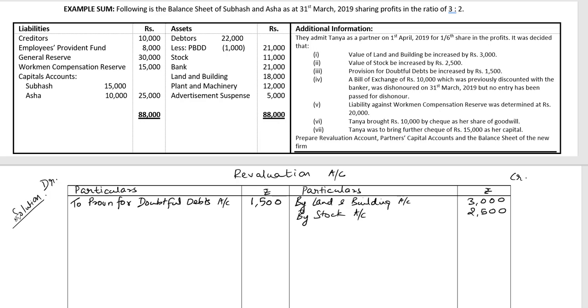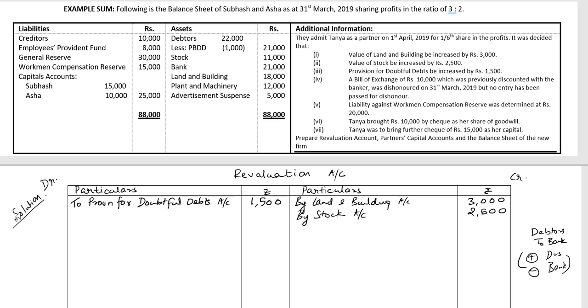So now the treatment for the fourth point is to debit the debtors account and credit the bank account, which means we'll have to add the amount to the debtors figure and deduct the amount from the bank balance. This will not affect our revaluation account, so we'll go on to the next point.